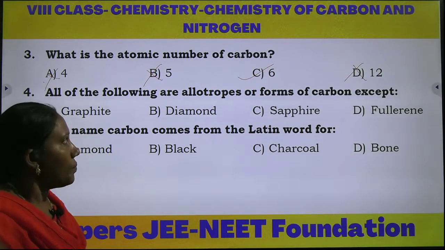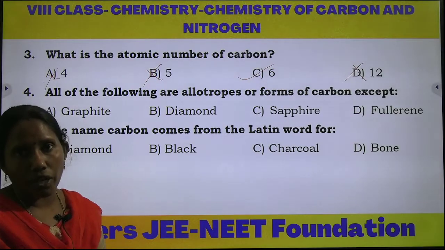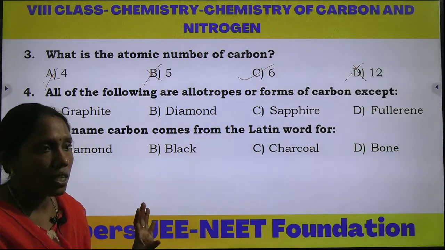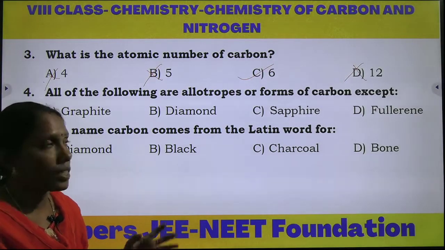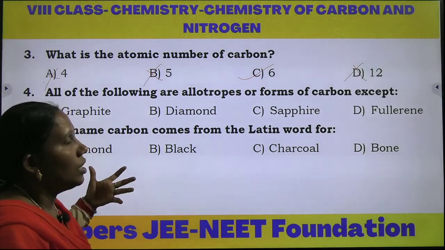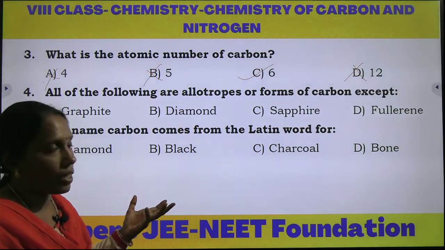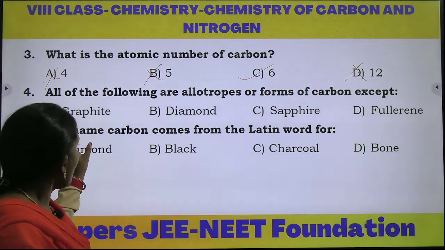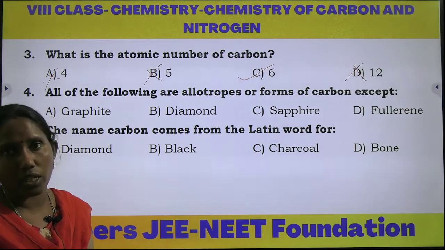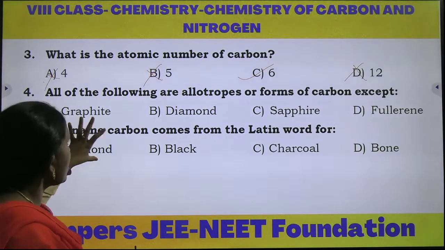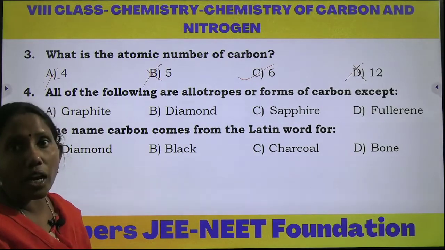Carbon has different types of allotropes. Allotropes are similar by virtue of being the same element, but their properties will be different. Like graphite is also a carbon form, but it shows different properties, right? So such types are said to be allotropes.